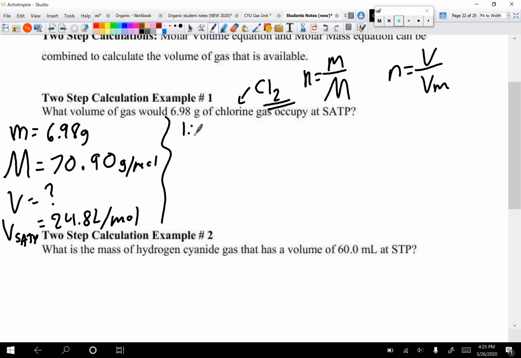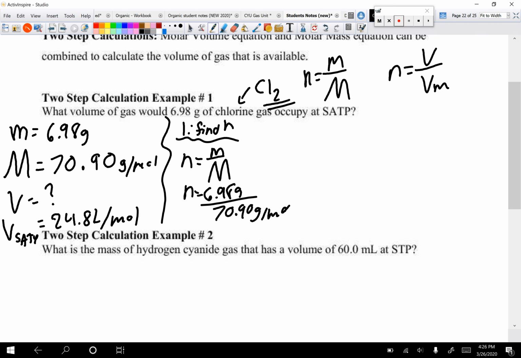So 1, find n. So number of moles is just equal to mass over molar mass. So we have our 6.98 grams divided by our 70.90 grams per mole, and we get number of moles is equal to, it's going to be a small number, which is fine, 0.098449 moles.